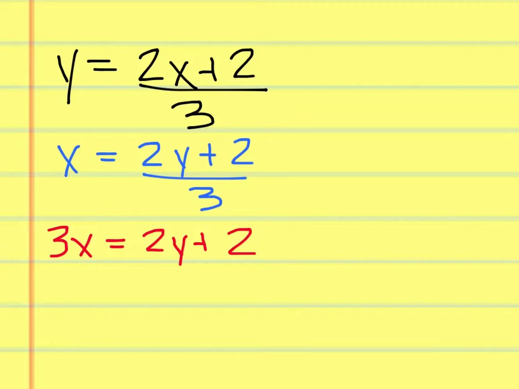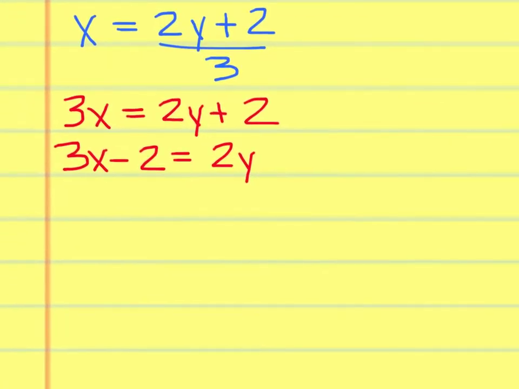Remember, we want the y by itself, so we move the 2 to the left, change the sign, and then we'll have to divide everything by 2 to get 3x minus 2 over 2 equals y, which is technically the inverse of y.